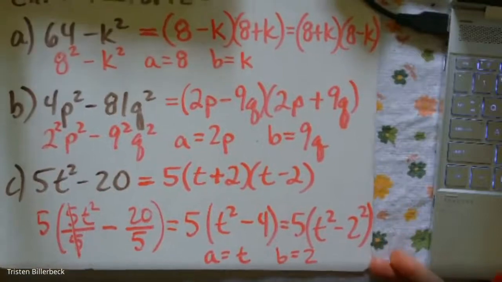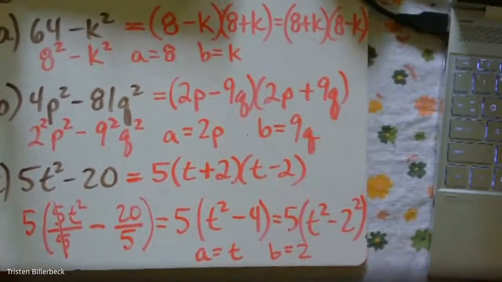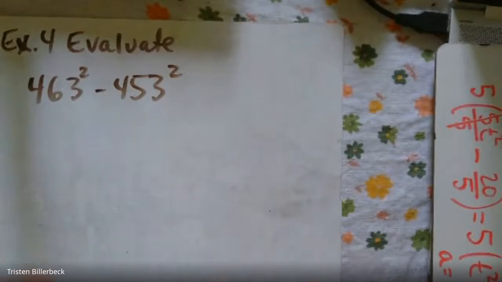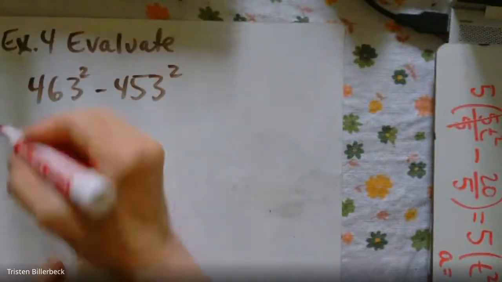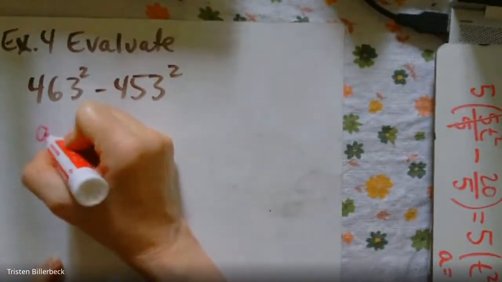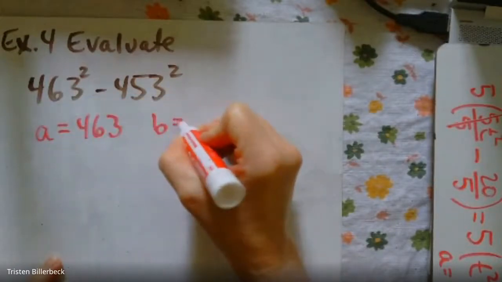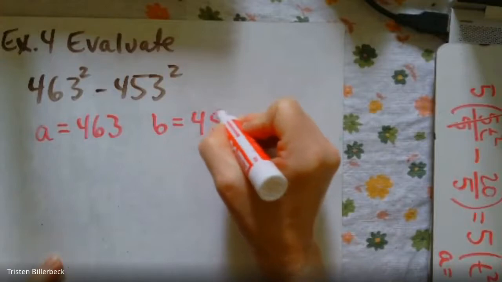So let's look at, well, what if we have a problem with just numbers? Let's take a look at what that would look like. Well, that's a square, so A is 463 and B is 453.